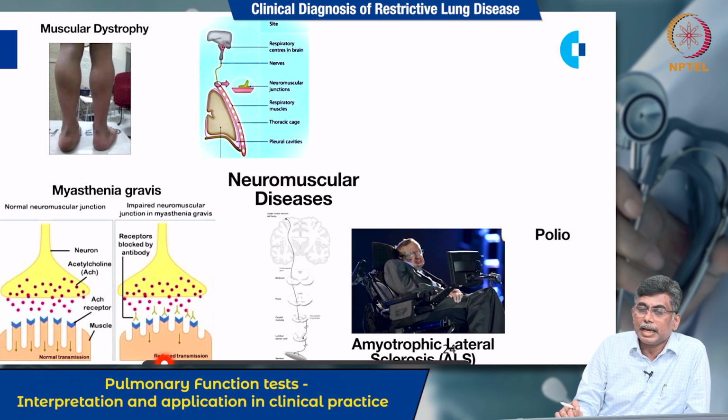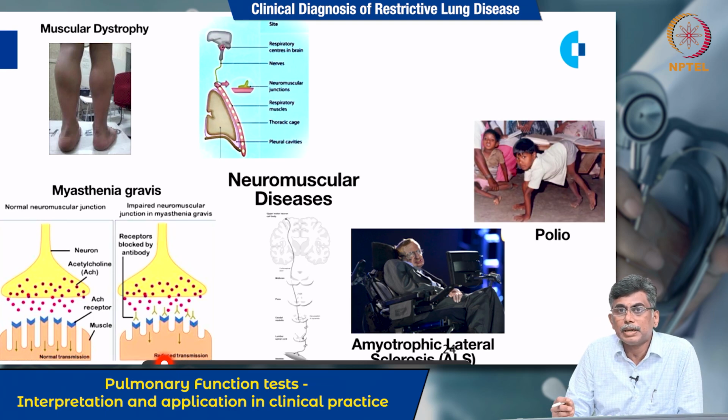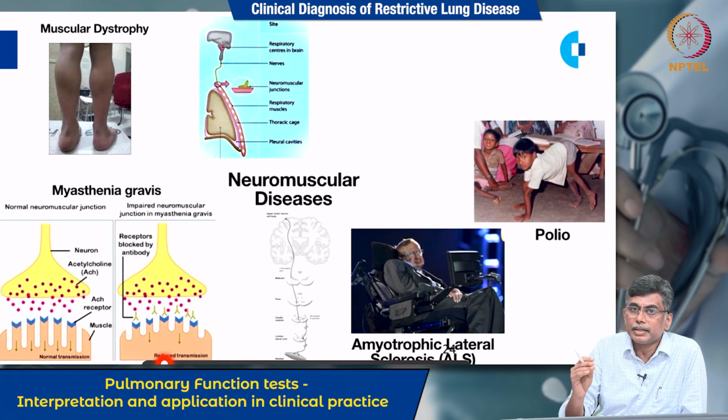Now the second disease which comes under the neuromuscular diseases is where the problem is in the anterior horn cell, the classical disease being polio. You know about polio, it's a communicable disease, and what happens is that the virus, enterovirus, affects the anterior horn cell, and we know that because of good immunization it's almost nearing eradication.